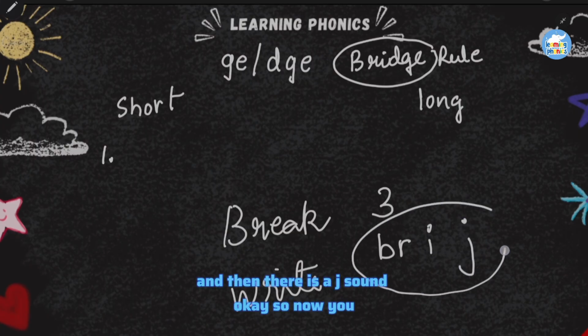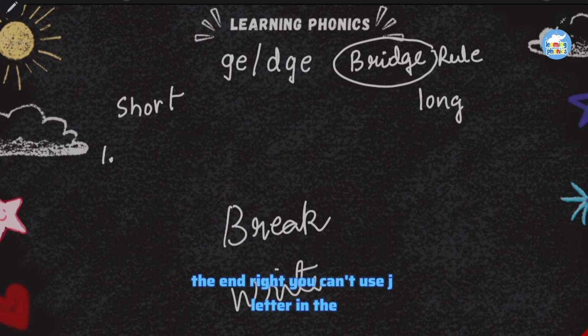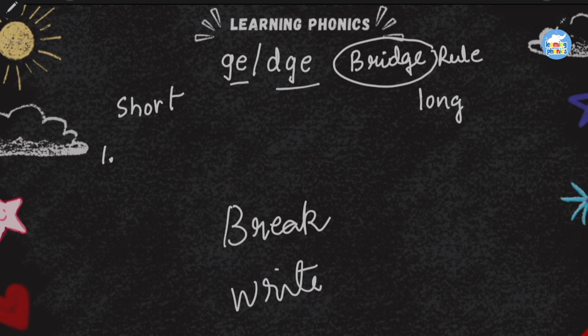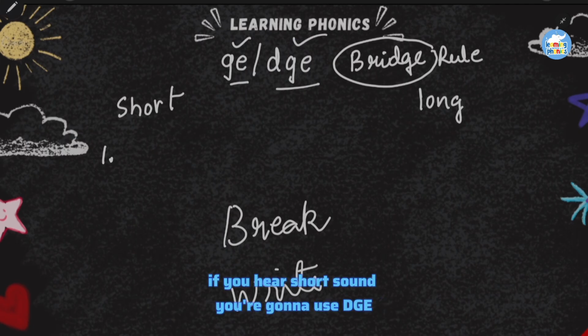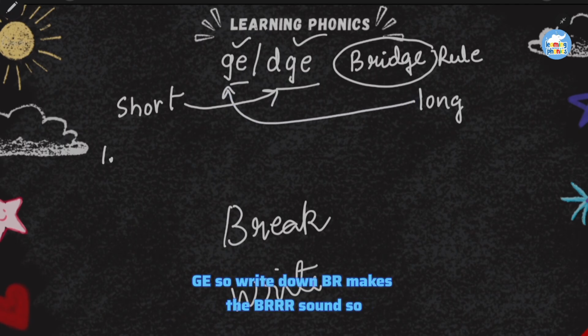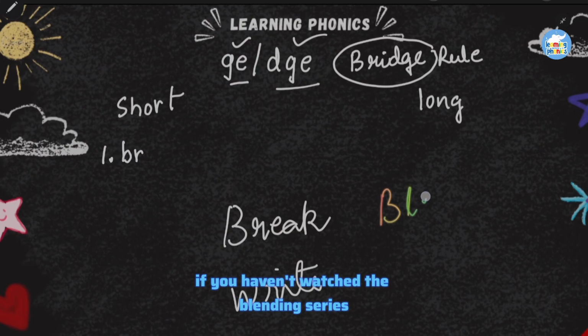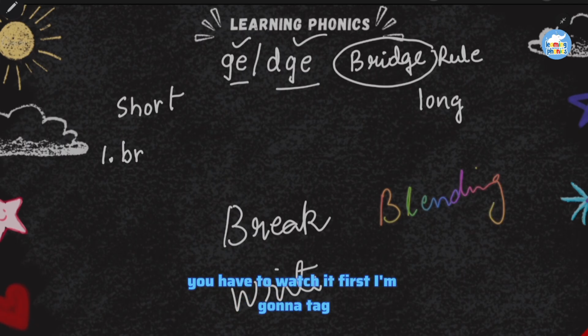Now you can't use the letter J at the end. Hence, we are going to use either GE or DGE. You have to see which will come. What's the rule? If you hear a short sound, you're going to use DGE, and if it's a long sound, you're going to use GE. So write down BR, which makes the brr sound. If you haven't watched the blending series, you have to watch it first.